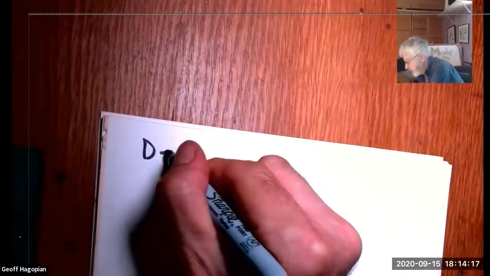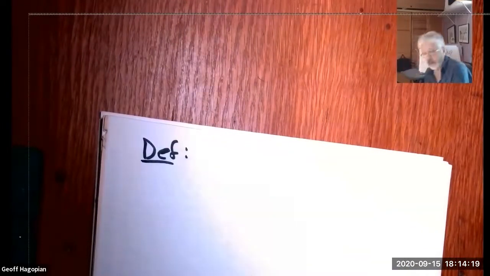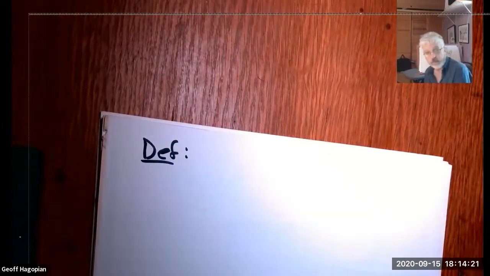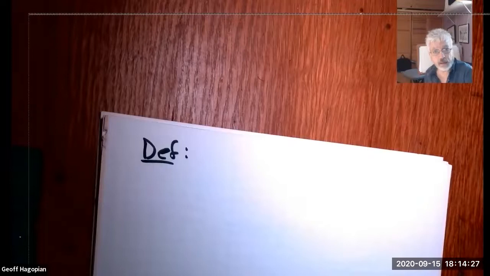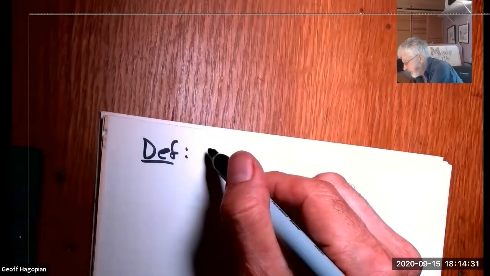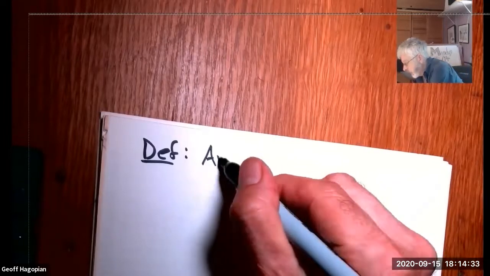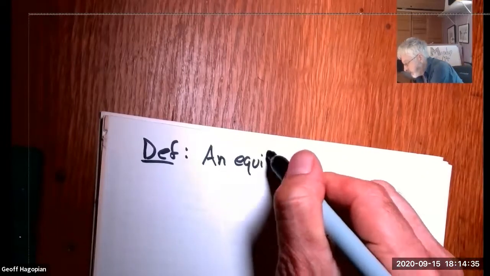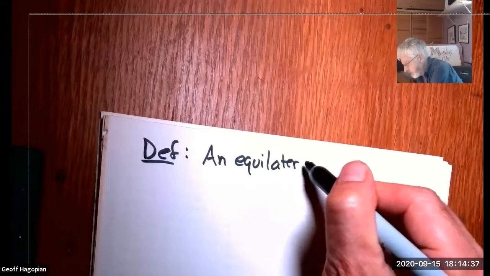which is regular polygons, right? Definition. And I think we have the definition in the book, but it's an equilateral and equiangular polygon. So do we have to say both? So equilateral means the sides. Lateral means side, right?